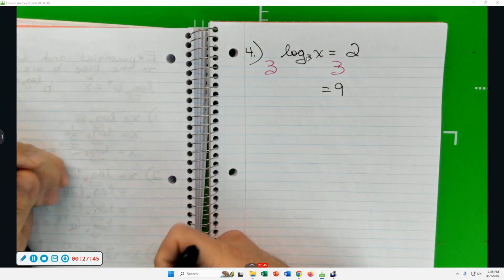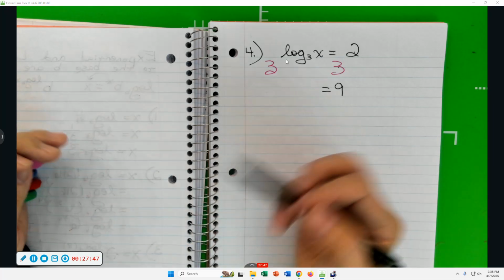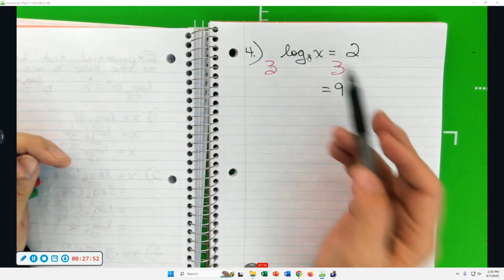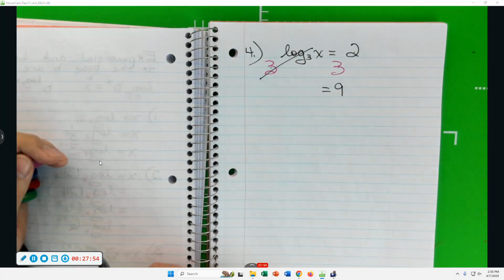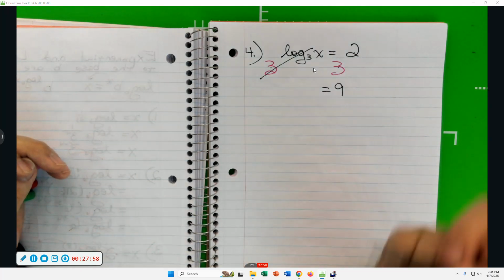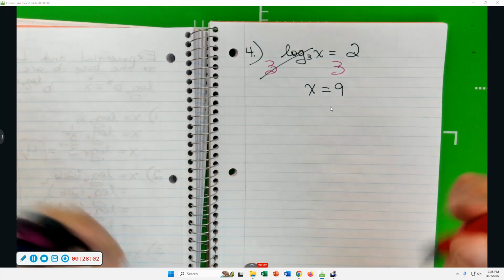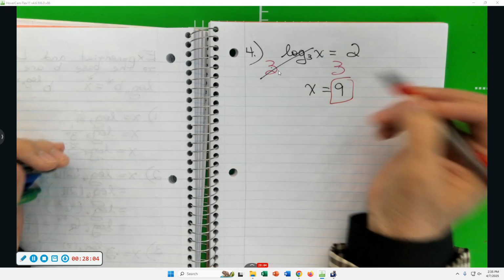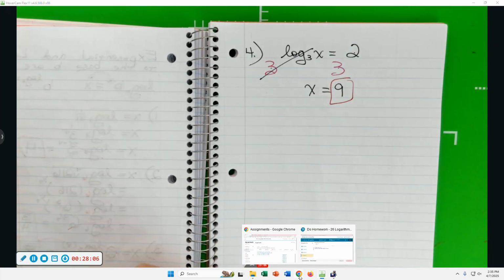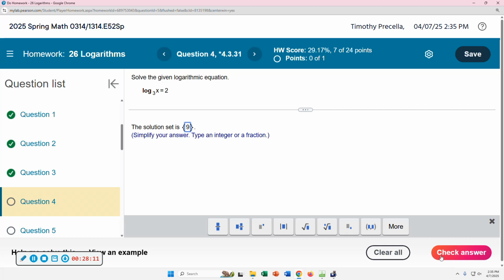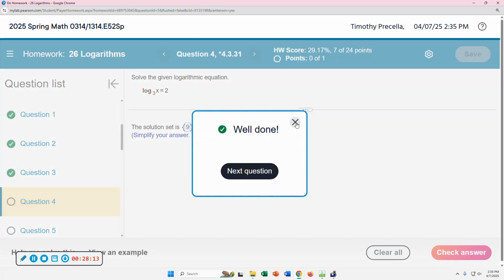They perform consecutively, exponential base 3, logarithmic base 3. They cancel out, and what are you left with? Just that x, for x equals 9. We're able to turn the original problem into exponents using the base of the logarithm.